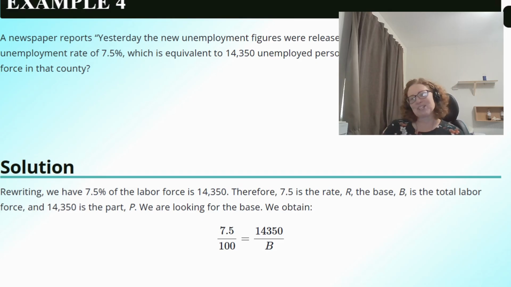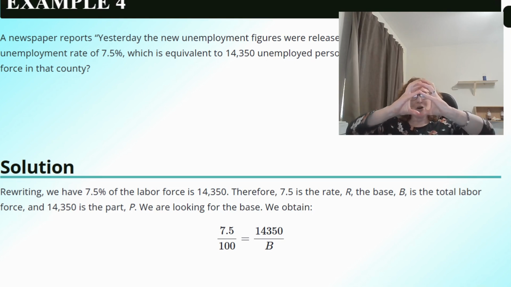So if you look back at our picture again, we want to know the size of the labor force. We want to know the big circle. We only know that 7.5% of this big circle equals 14,350. Okay? So we know the rate and we know the part, right? So we want to know the base.